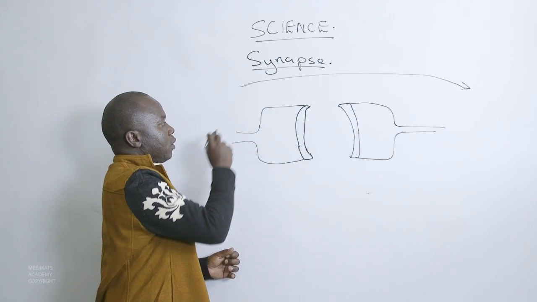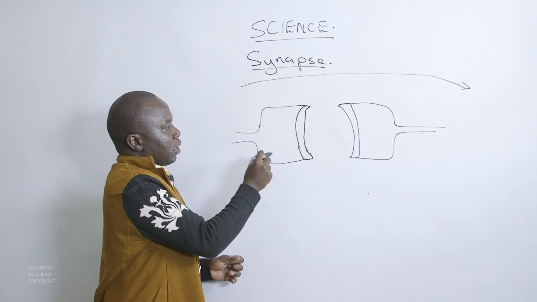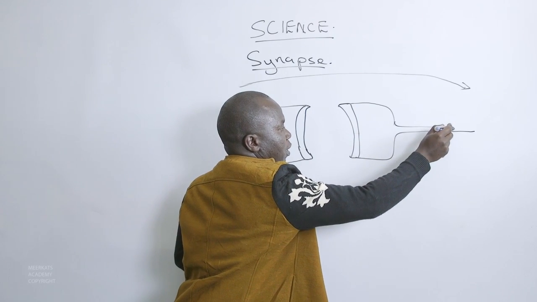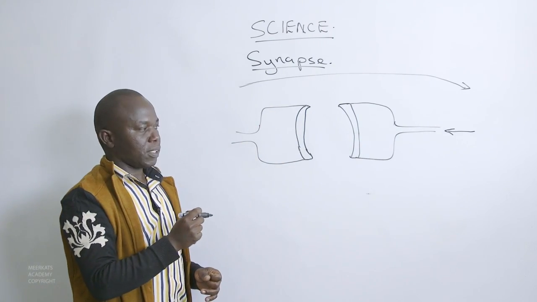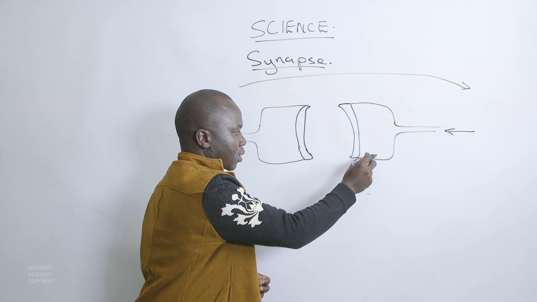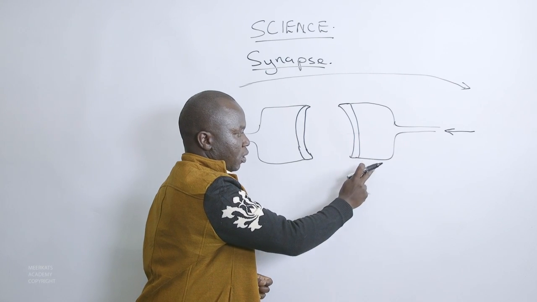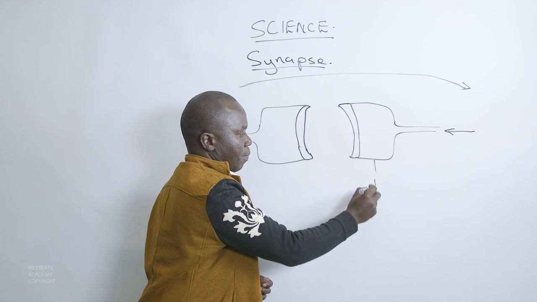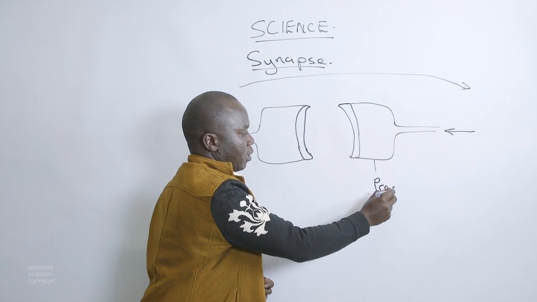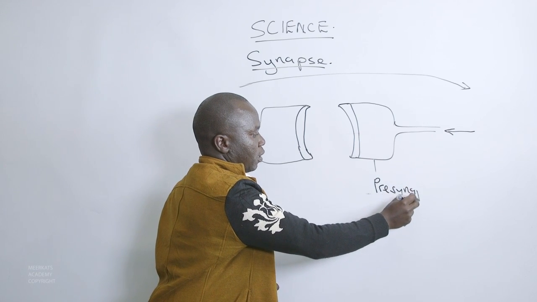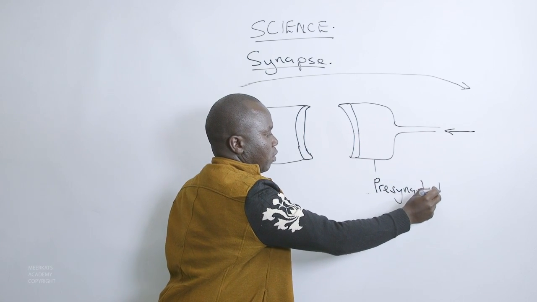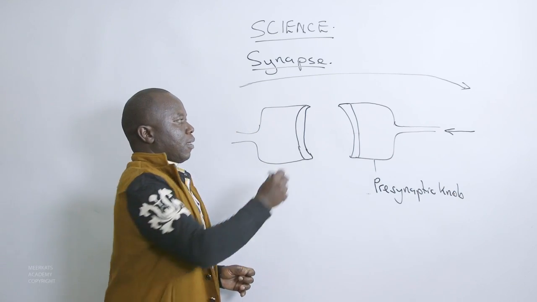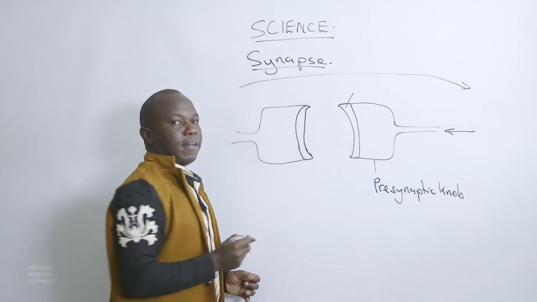So this part, for instance, if nerve impulse is flowing in this direction, then it gives us the names. This part is called presynaptic knob. And then there's a membrane there.